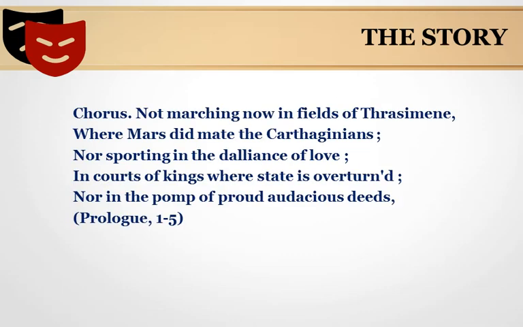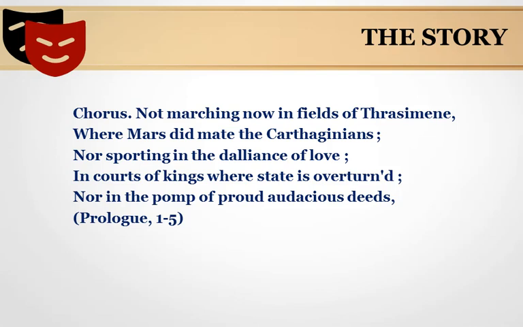Okay, throughout the prologue, the chorus introduces us to the story of Dr. Faustus. The chorus says, "Not marching now in fields of Thrasymene, where Mars did mate the Carthaginians, nor sporting in the dalliance of love, in courts of kings where state is overturned, nor in the pomp of proud audacious deeds."